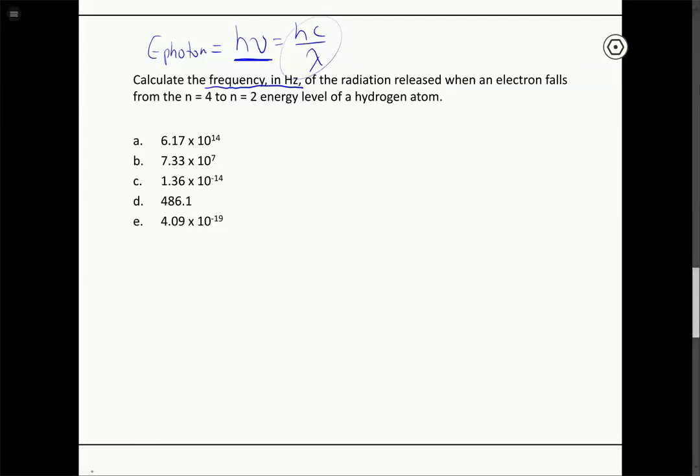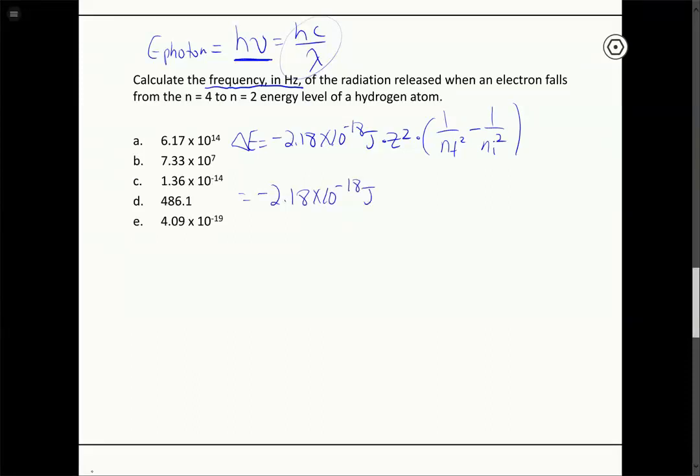So we're going to use the Bohr equation first to find delta E. Same exact equation. Keep the z squared term in here, since I forgot it last time. Again, it's not important because we're talking about hydrogen. So minus 2.18 times 10 to the minus 18 joules. Z is still 1, so we can just get rid of that.